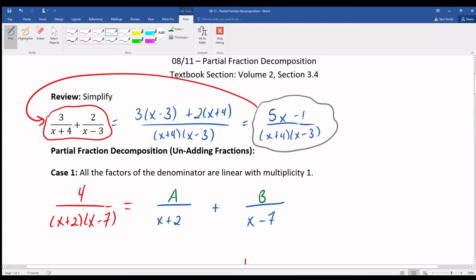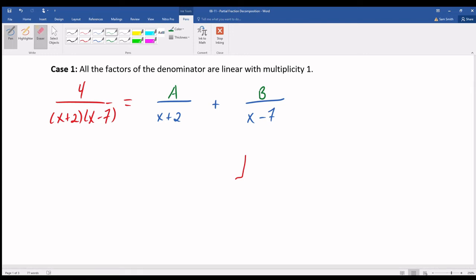So, if that is the case, if I can split this apart and get a format that looks like this, how can I find the exact values of a and b? Well, the first thing that I think I will try to do to find the values of a and b is I will try clearing the fractions. What do I mean?